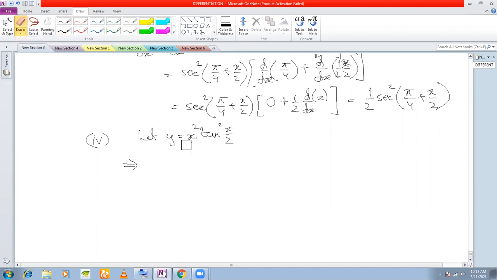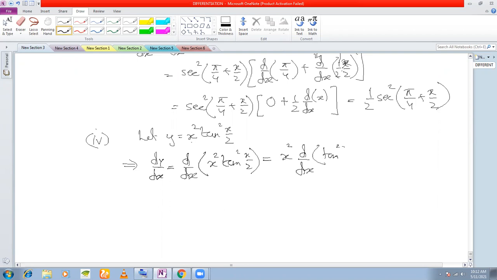To start with, we shall use the u into v rule. So that means dy dx is equal to ddx of x square tan square x by 2. Now use your uv rule. You have x square ddx of tan square x by 2 plus tan square x by 2 ddx of x square.